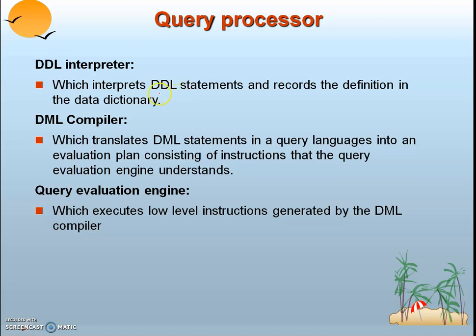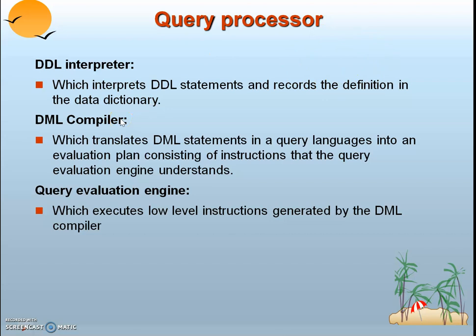When I speak about one command of DDL, what has to be done for that particular command? That definition it stores in the data dictionary. So it takes each DDL statement, defines it, and records the definition in the data dictionary.